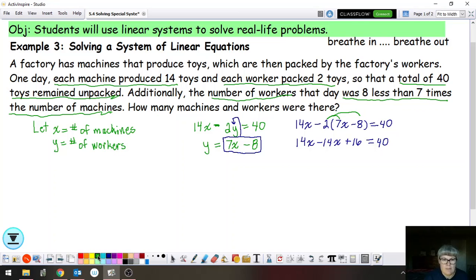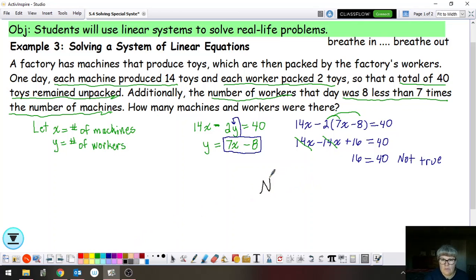And then we can simplify 14x minus 14x. That eliminates, and we are left with 16 equals 40. But that's not true. So if that's not true, and we don't have any variables left, we don't have a solution.